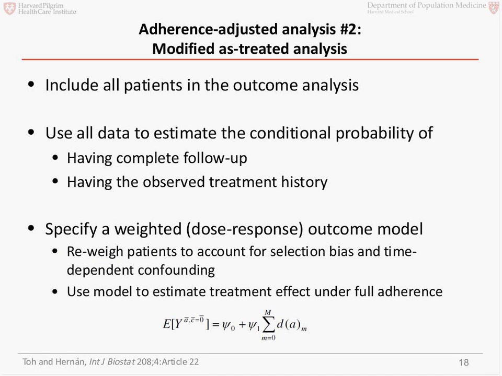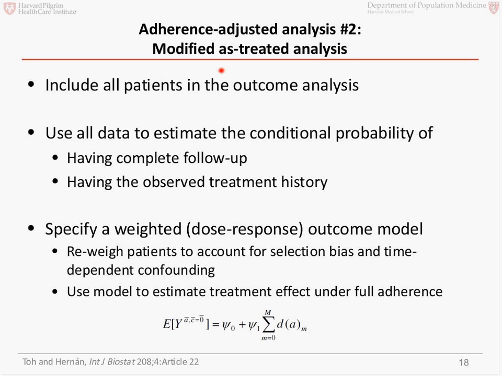Now we are going to talk about the second one, which is the modified as-treated analysis. Like the traditional as-treated analysis, we don't throw out patients when they become non-adherent. By doing this, we will be able to include more patients in our outcome analysis, but we pay a price by having to assume an additional dose-response model that we discussed previously.